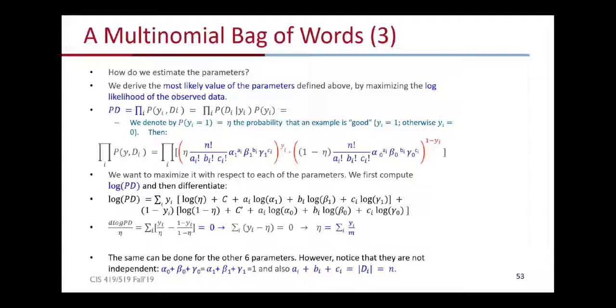It really doesn't matter for maximizing this. Just take the log of this expression. You will get AI log of alpha 1 plus BI log of beta 1 plus CI log of C1 plus some constant that comes from this product. I don't really care about this constant because I'm going to differentiate and it will disappear.